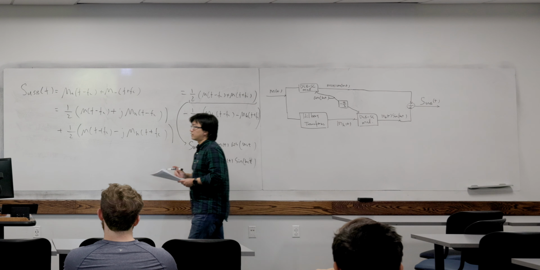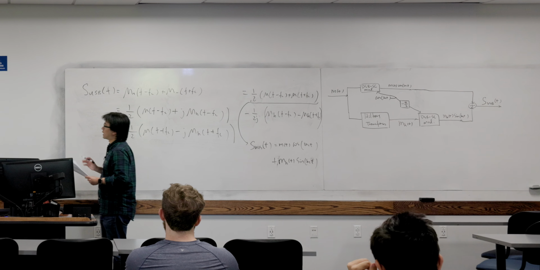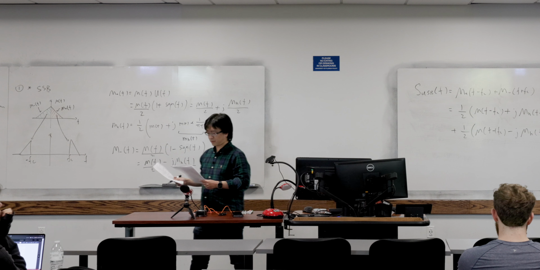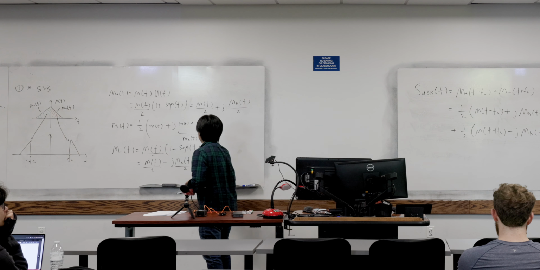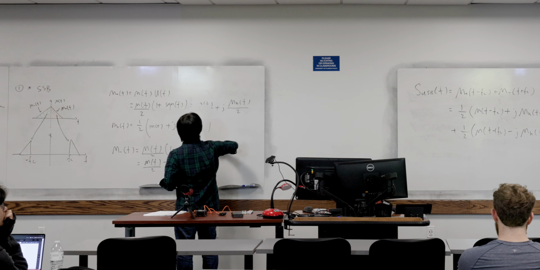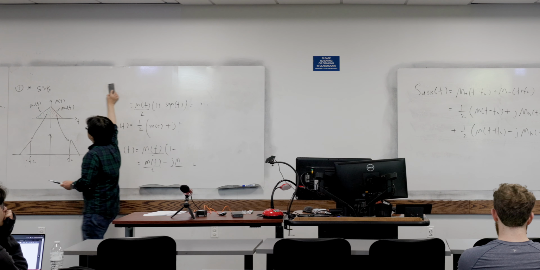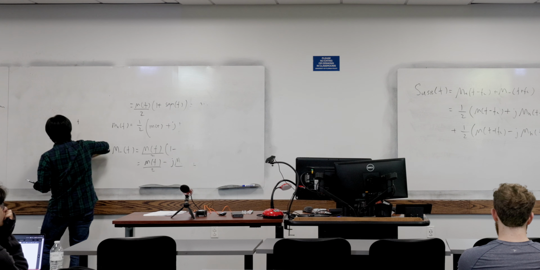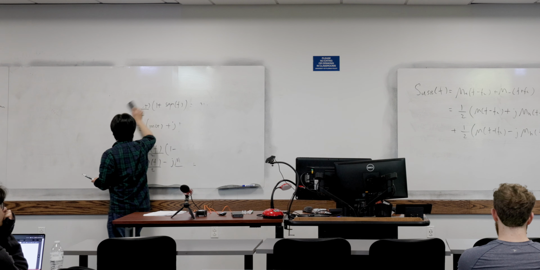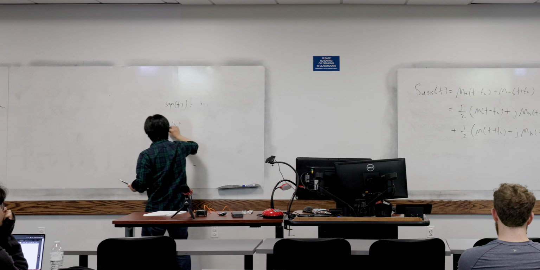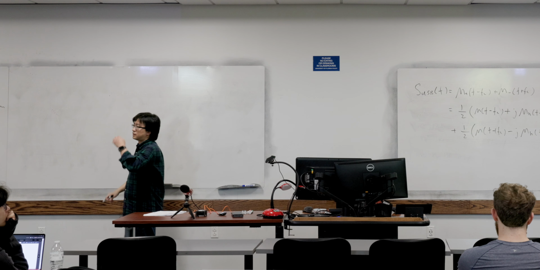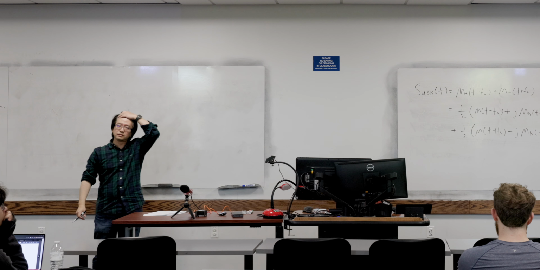Okay, so if no questions, let's think about demodulation, right? How can we do demodulation for this? Yeah, let's think a little bit. Yeah, how can we do the demodulation?